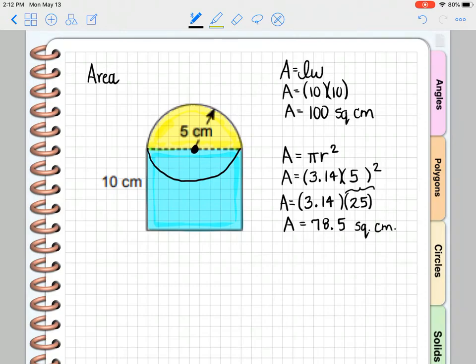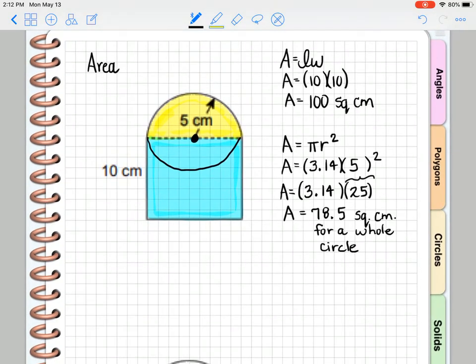But we have a problem. That is for a whole circle. And we only have half of a circle. So here's how you do it. I'm going to write it out just so you can remember.